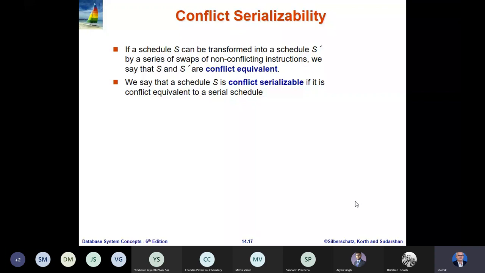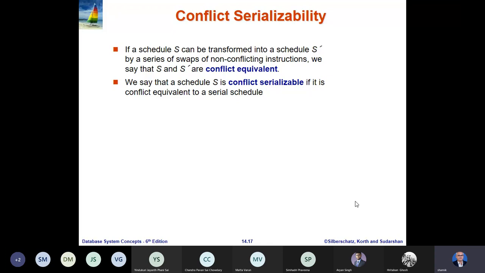So I have a schedule S, I have a schedule S prime. We are not saying whether S or S prime are serial or concurrent schedules, but by swapping these non-conflicting instructions, if we can transform S into S prime, then we say that S and S prime are conflict equivalent. And we say that schedule S is conflict serializable if it is conflict equivalent to a serial schedule.